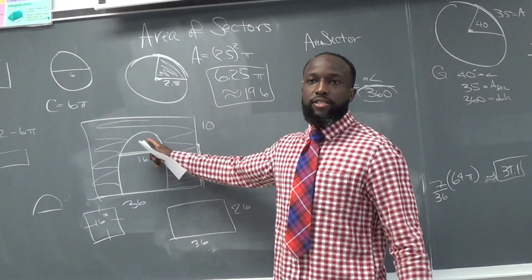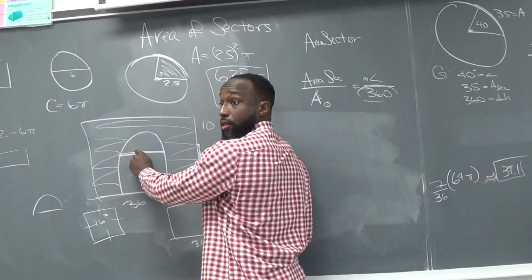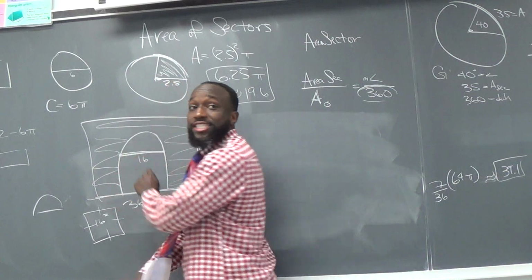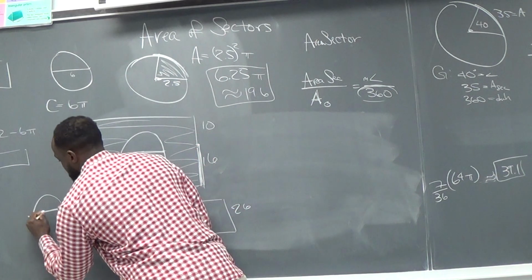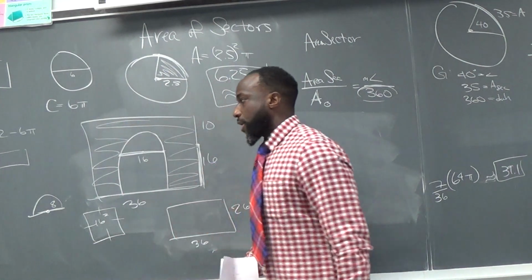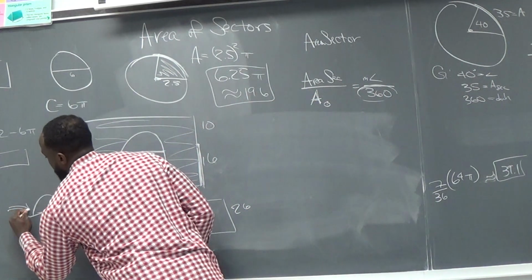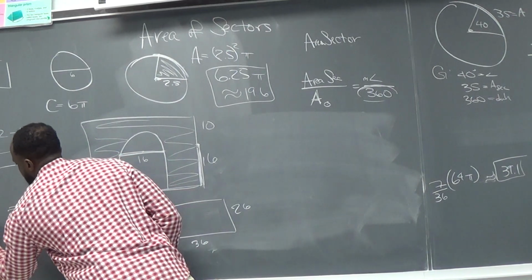And then this semicircle: the diameter is 16, so the radius is going to be 8. All semicircles are half the area.